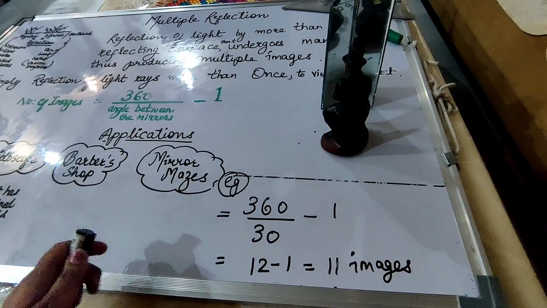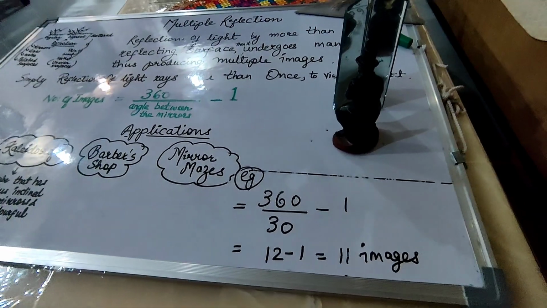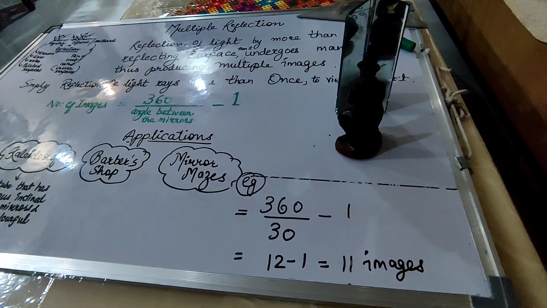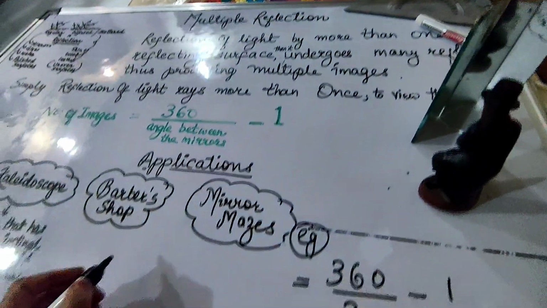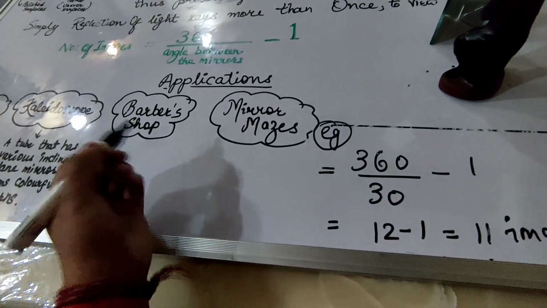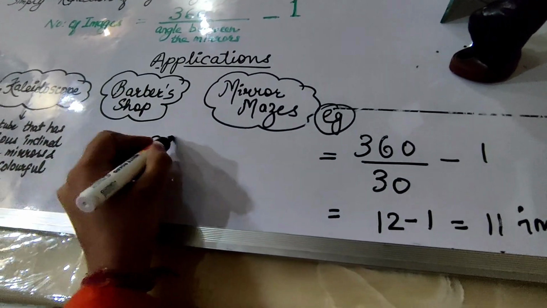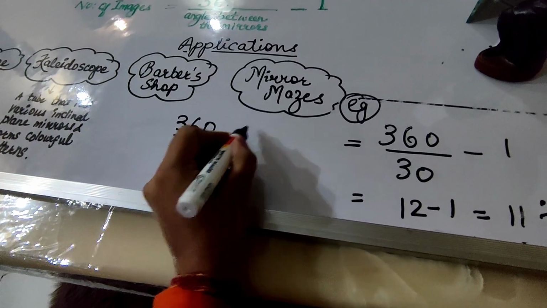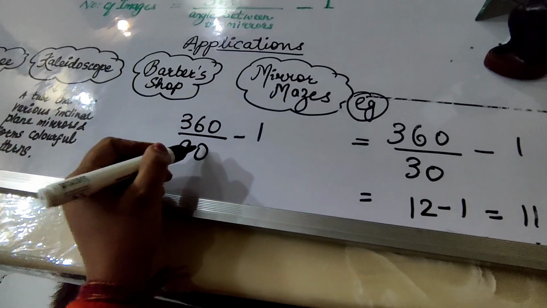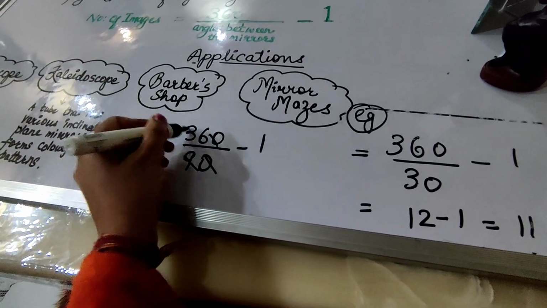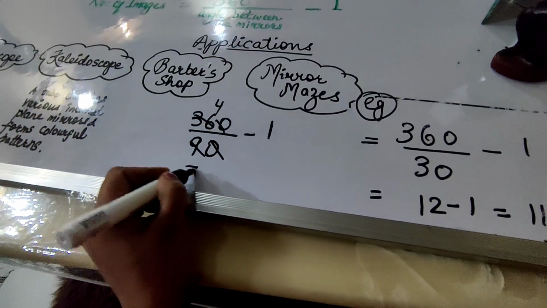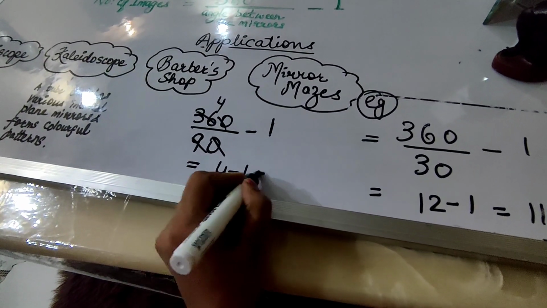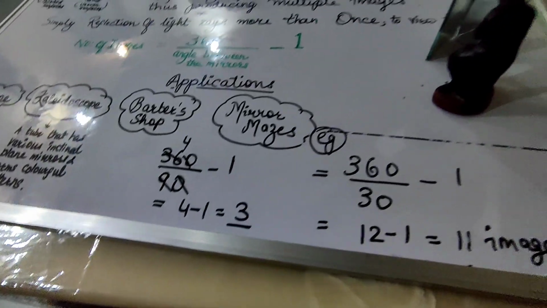In the same way you can practice more examples, like if the angle is 45 degrees, or let us take if the angle is 90 degrees, then divide 360 by 90, then minus 1. 4 nines are 36. So how many images will you get? 4 minus 1, that is 3 images you will get.